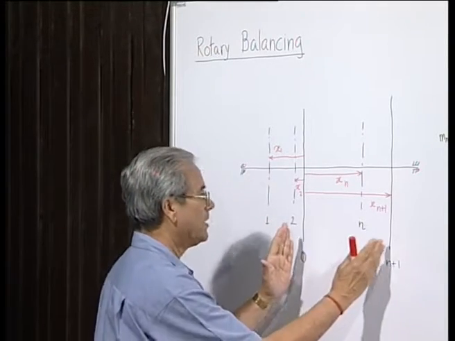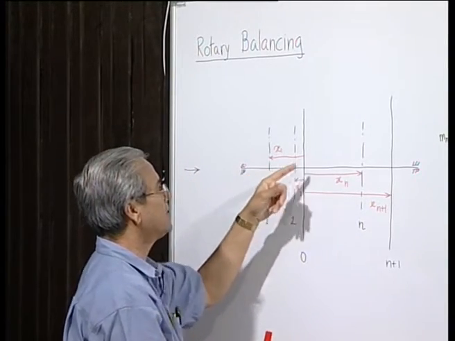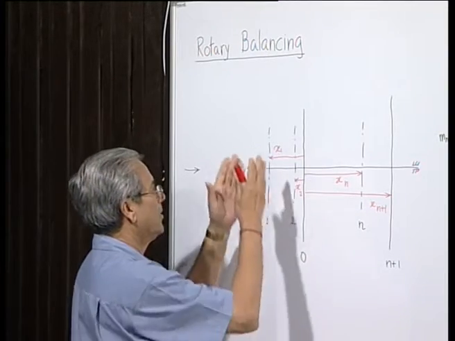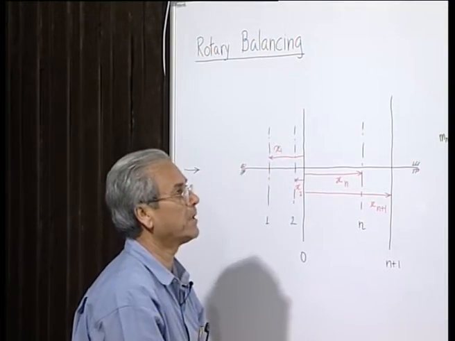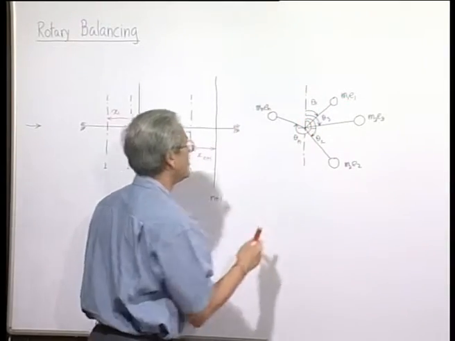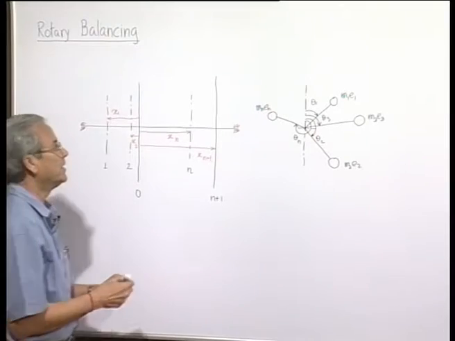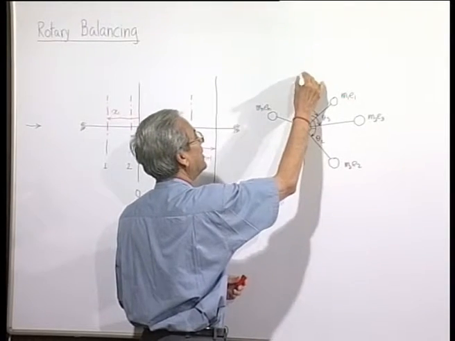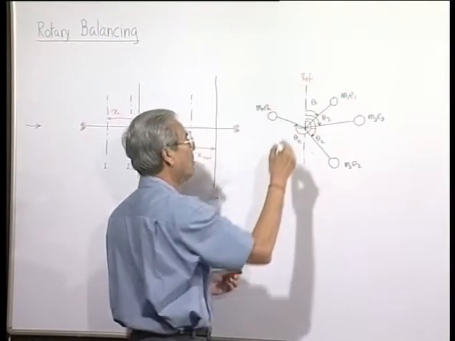We have two balancing planes and we have the planes of the system where the unbalances are present, whose magnitudes and the angular orientations with respect to some reference. In this case, we have chosen this as the reference. They are all known.